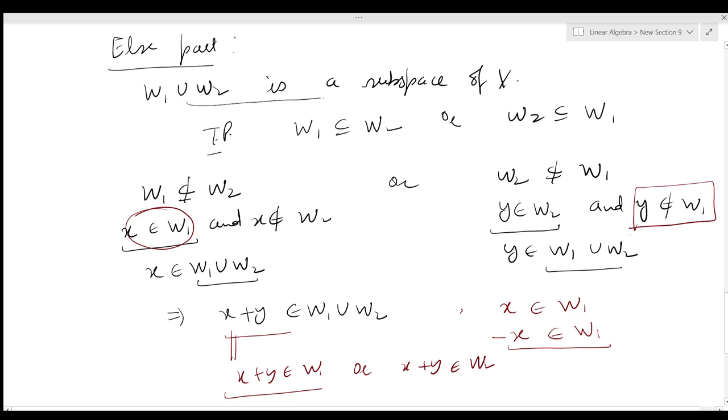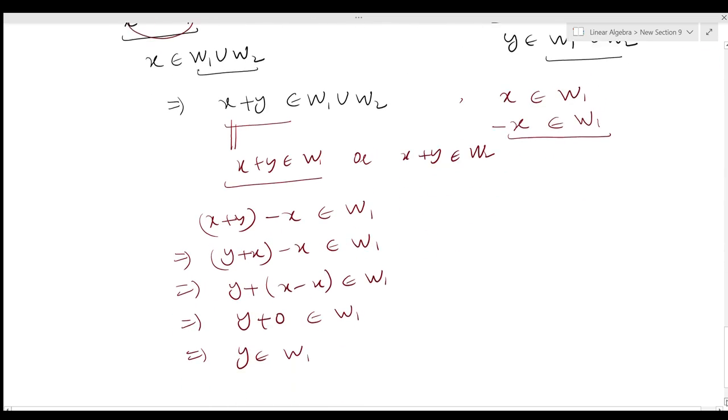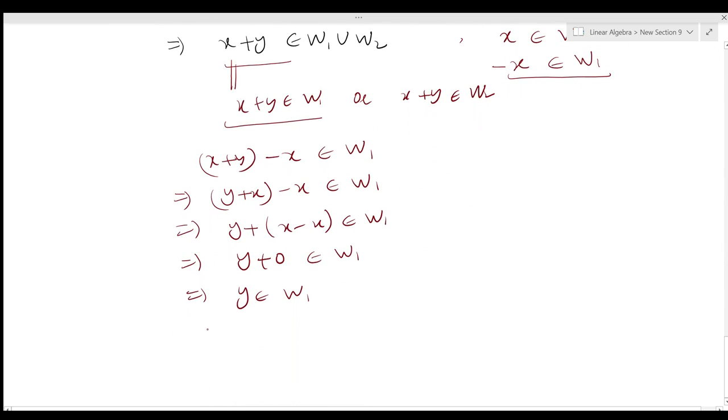That means we get a contradiction. So by contradiction, W2 is a subset of W1.